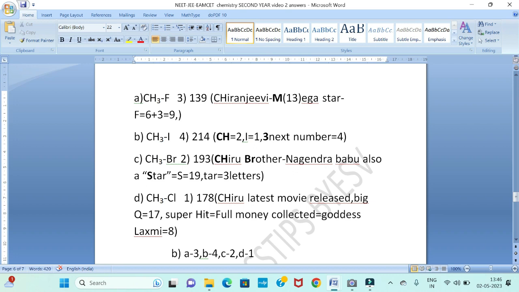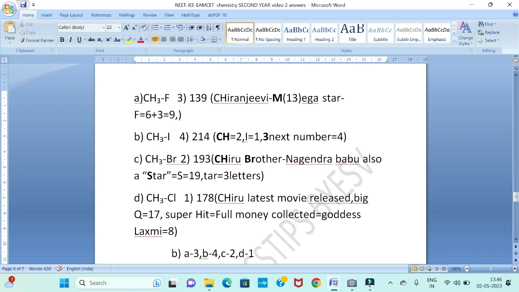There is a big queue. Q means 17. Super hit, so full money is collected by the director. The goddess Lakshmi will come to the director, so he has a lot of money. Money means the symbol is 8.